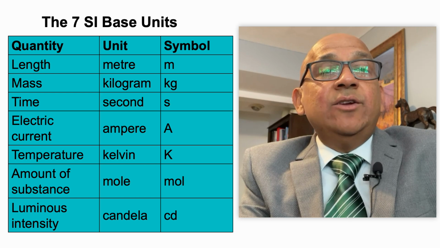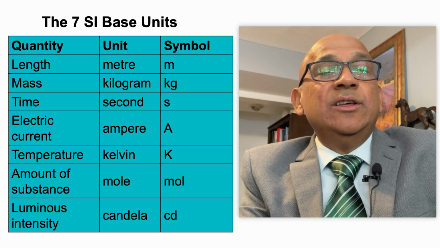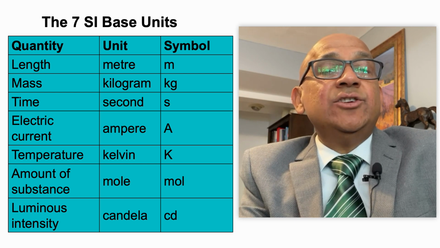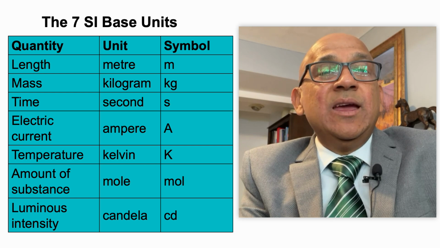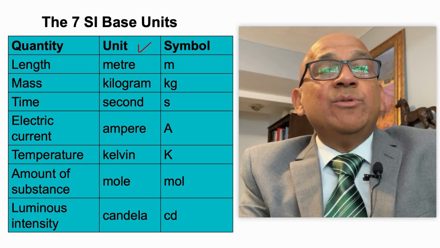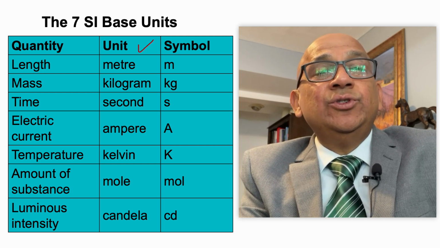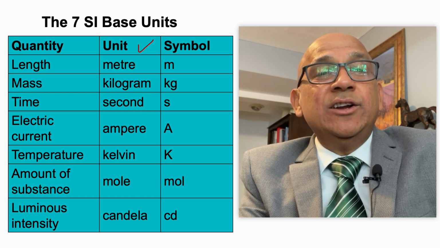On the left hand side of this table I have shown the quantities like length, mass, time, electric current, temperature, amount of substance and luminous intensity. And on the second column I have shown the units which are used to represent each of these quantities.